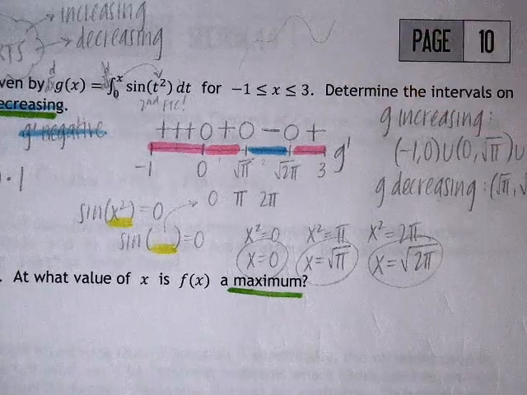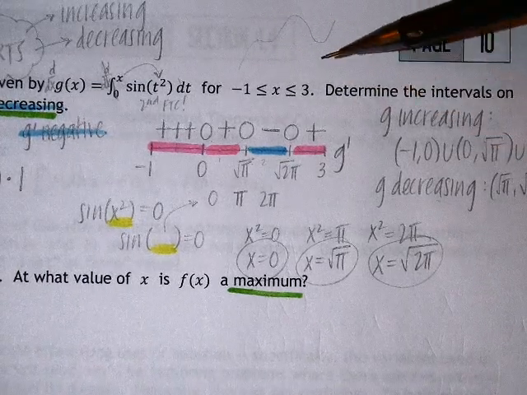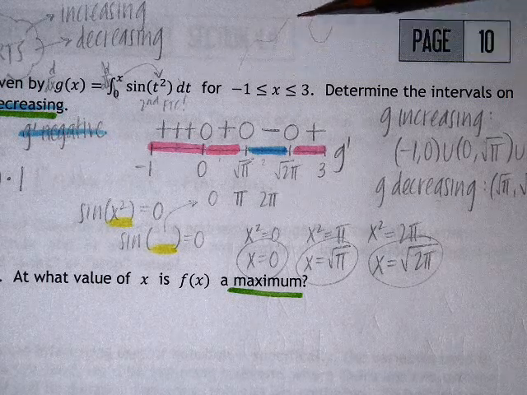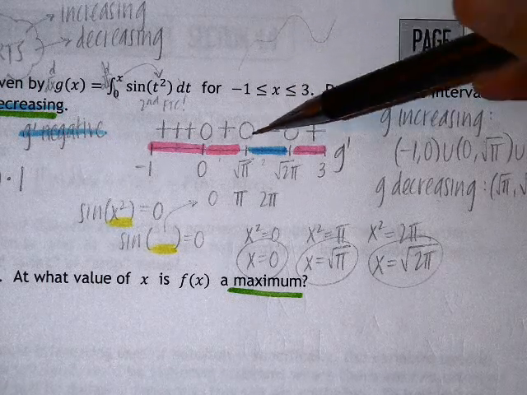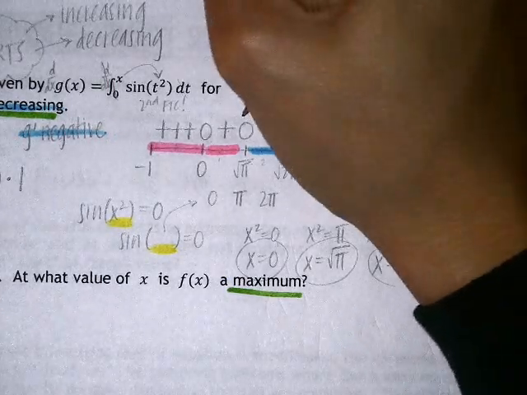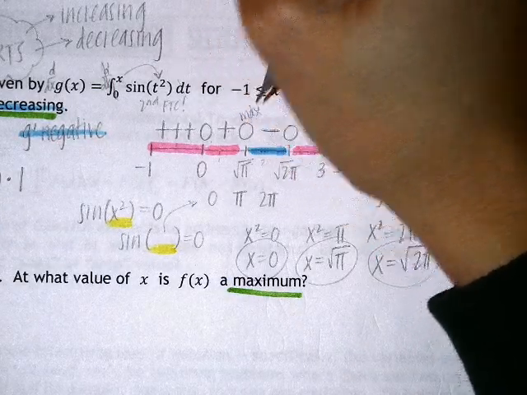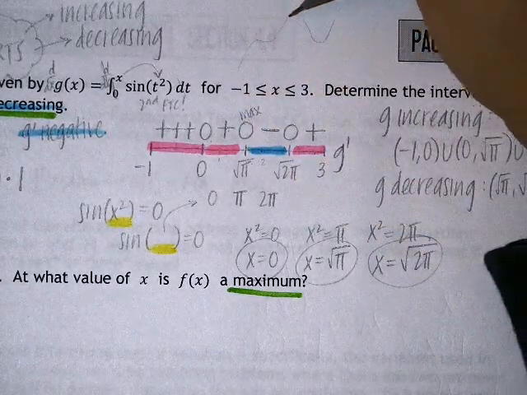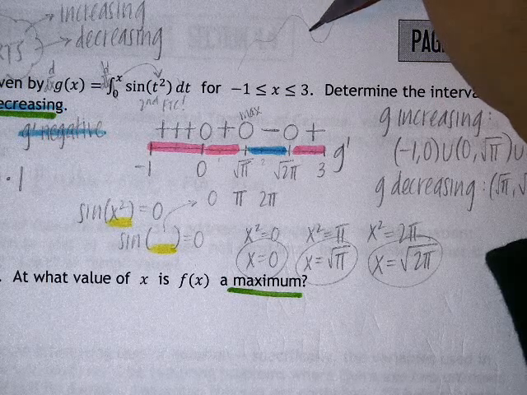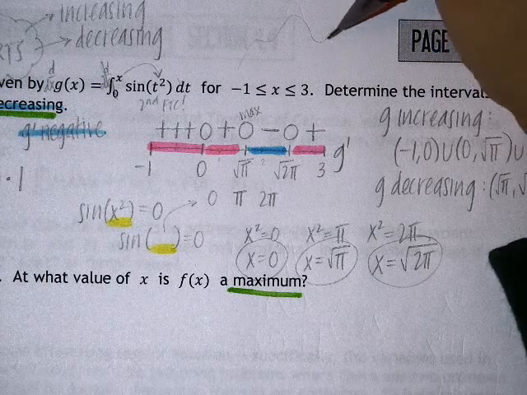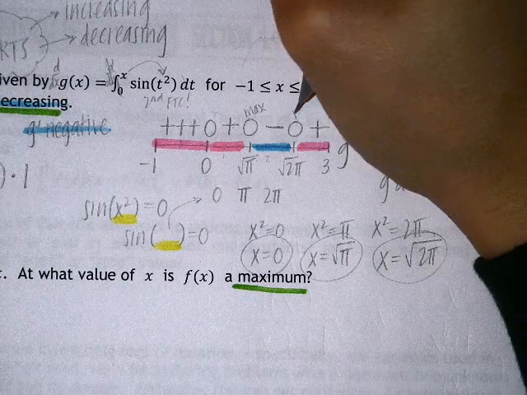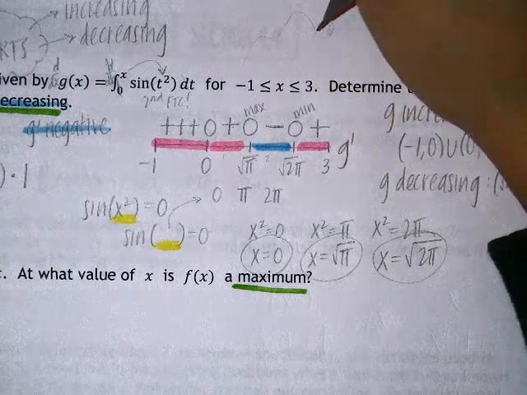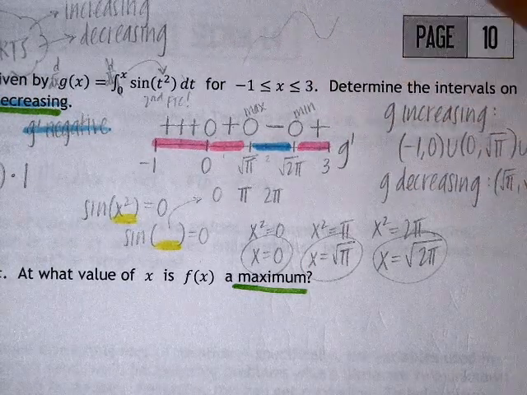And now if I think about it logically, in terms of max or min, I don't really know where these endpoints are, but I can certainly infer that we have a local max at root pi, because the graph definitely peaked there and turned around to go back down. And we definitely have a local min right here at root 2 pi, because the graph definitely was going down and then turned around and came up.